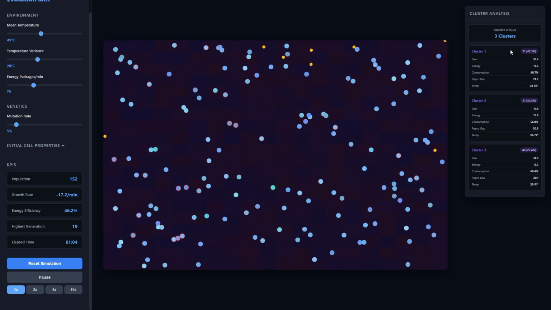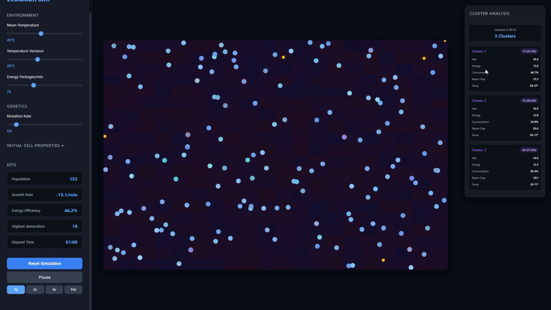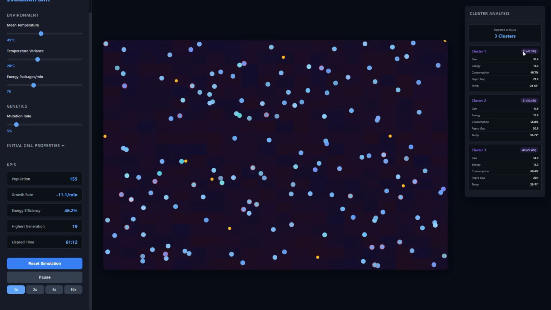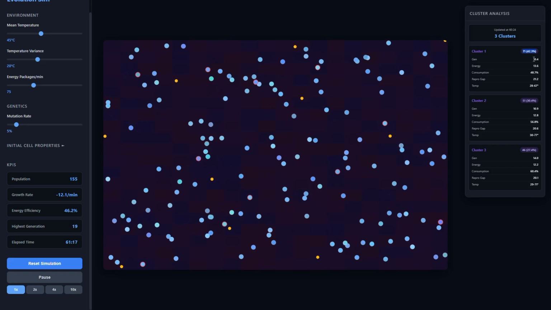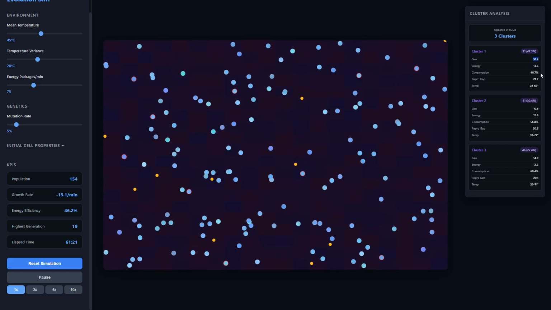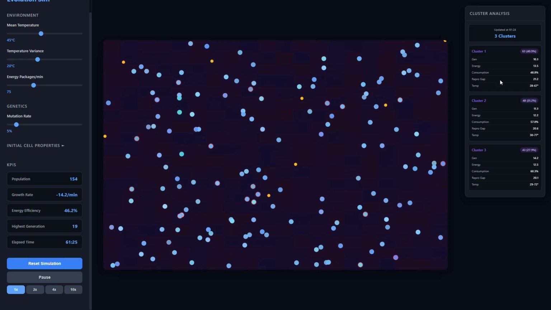3 clusters remained, and we can see that they differ significantly by the consumption rate. By far the most successful cluster is cluster 1. We have a mean generation of 10 and a consumption rate of 48%, so it's a bit lower, and a higher reproduction gap.